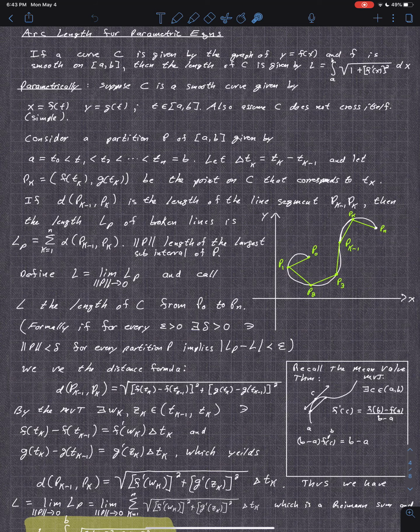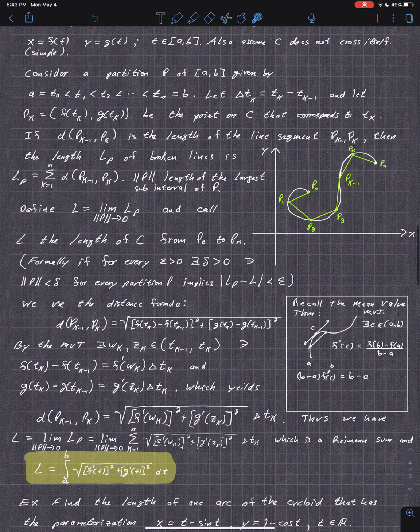Then d of p sub k minus 1 to p sub k is the length of the line segment from p sub k minus 1 to p sub k, like from here to here on the graph. Now we're looking at this broken line, and you add those all up. d is the distance of each one of those. Adding those up gives L sub p, that sum, that's the length.